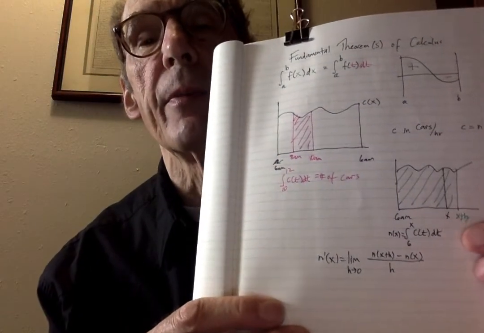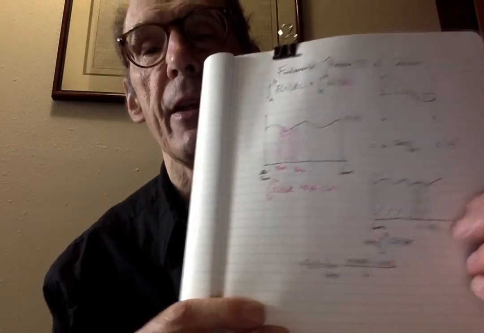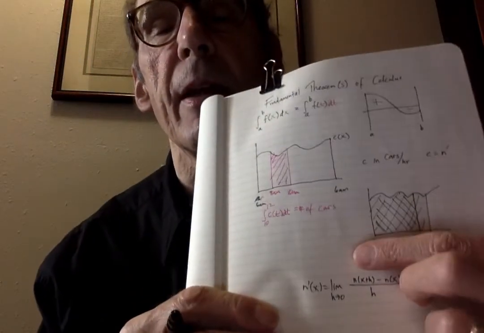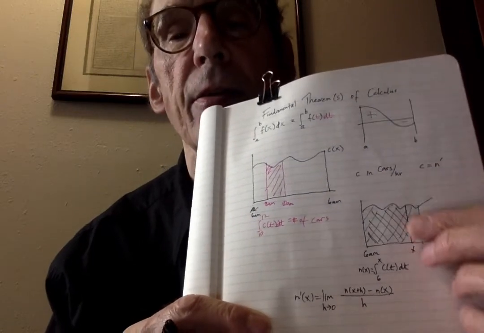But now we have a geometric interpretation, because we've got the area. n of x plus h is the area in green. So there's x plus h, and n is the area in green. And n of x is the area that I'm doing in black, the integral from a to x.